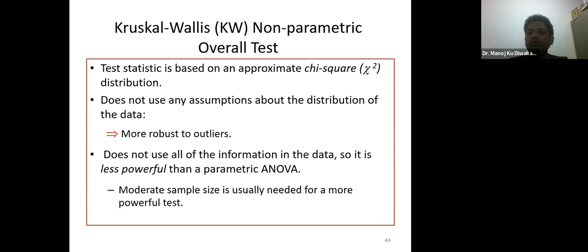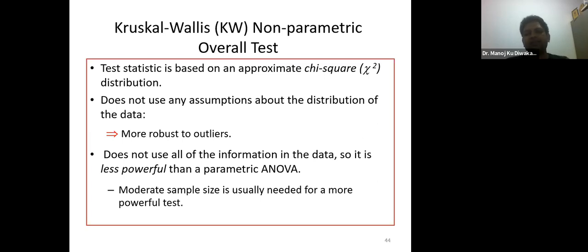It does not use all the information in the data, so it is less powerful than the parametric ANOVA. It is not that effective, but it is the only alternative if your data is very different and does not follow the assumptions. Then you can go for non-parametric methods like Kruskal-Wallis. It is less powerful because you are using the ranks, the median value, or just the distribution, so we are not using all the values. A moderate sample size is usually needed for a more powerful test. So this is the Kruskal-Wallis non-parametric method.